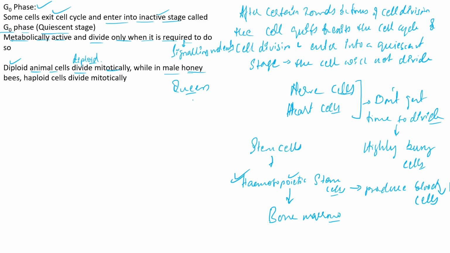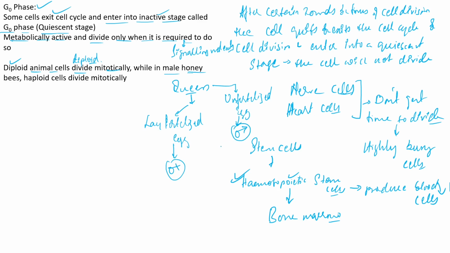The queen can lay a fertilized egg, or if she wants, she can lay an unfertilized egg. The unfertilized egg develops into a male, and the fertilized egg will develop into a female. This is the symbol for female, and this symbol is for male.